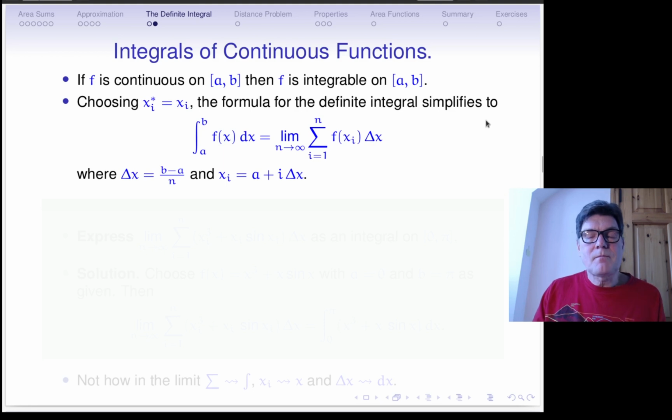Then the defining formula for the integral simplifies to the limit as n goes to infinity of the sum for i from 1 to n of f of xi times delta x, where delta x is the entire width of the interval, b minus a, divided by n, and the ith endpoint xi is a plus i times the length of a subinterval.